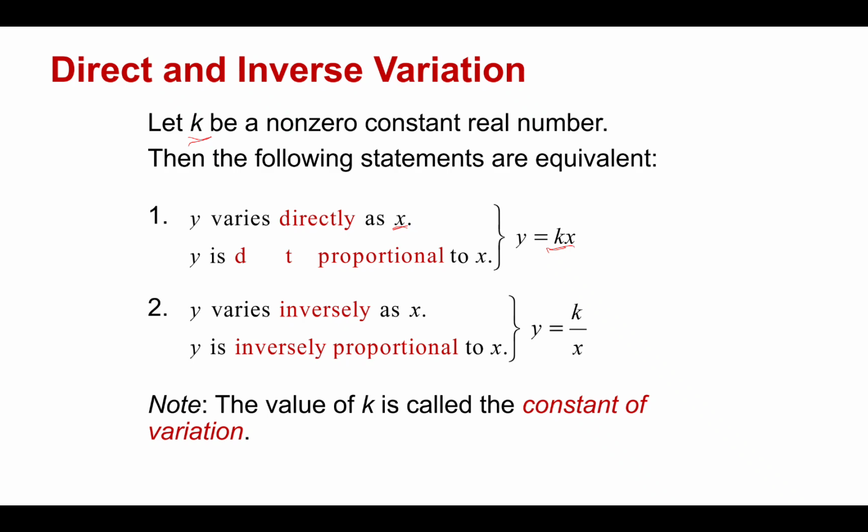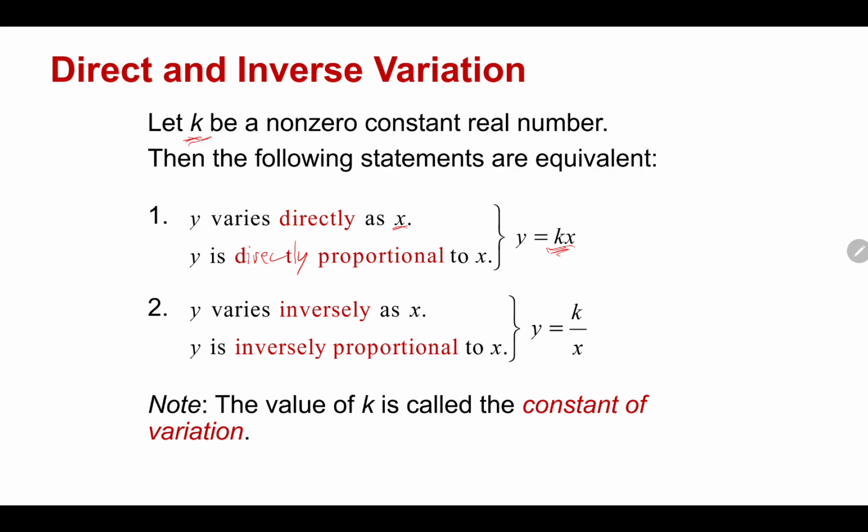Y is directly proportional to x is another way to say that. And again, same thing, we're saying directly proportional, so we're saying k times x.